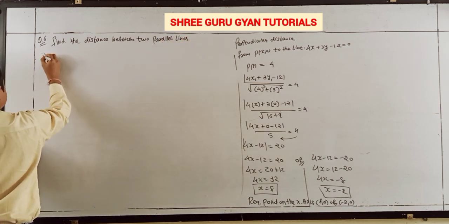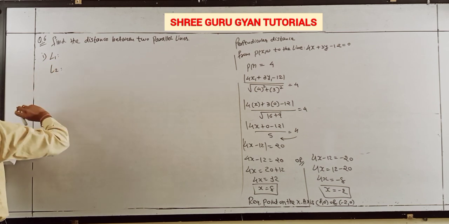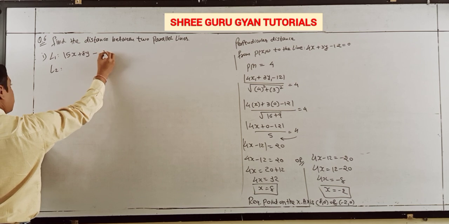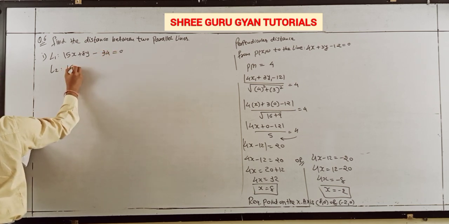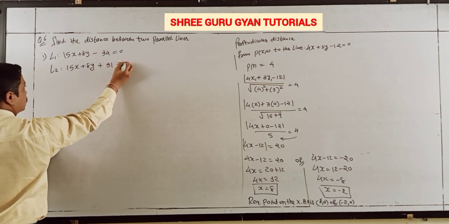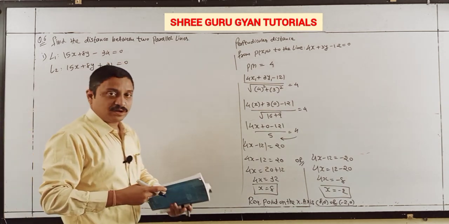Lines are there, first L1 and L2: 15x plus 8y minus 34, and 15x plus 8y plus 31 is equal to 0. Minus 34 and plus 31.